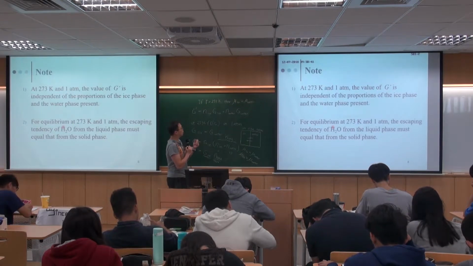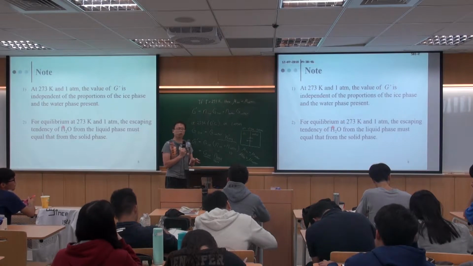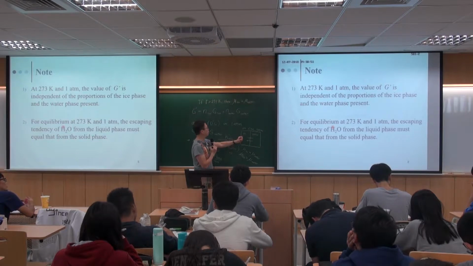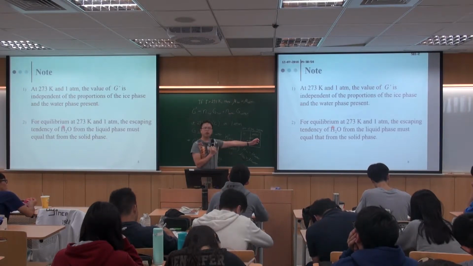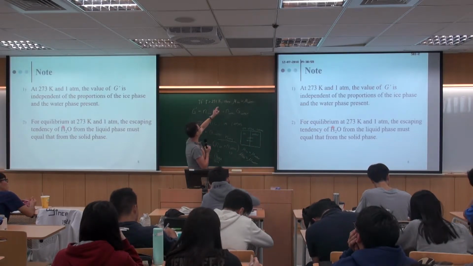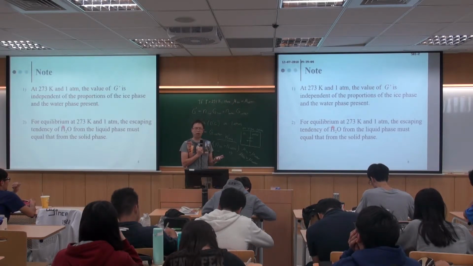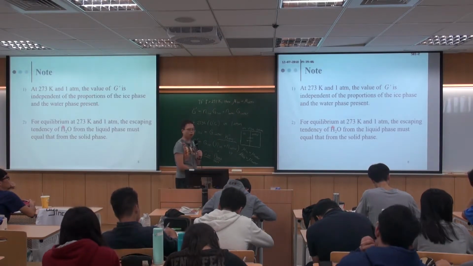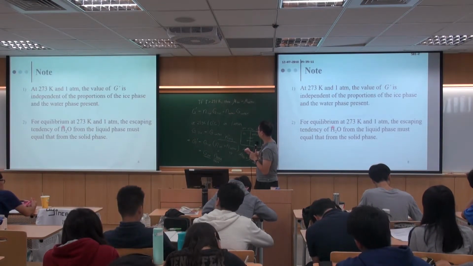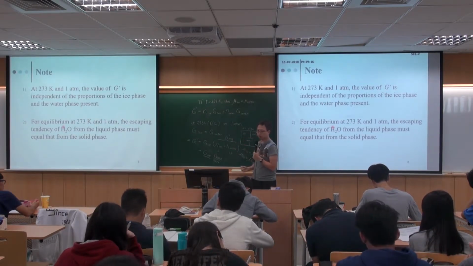Because when you raise the temperature, water will become the stable state. Therefore, the molecules originally in the ice phase will leave this phase and become water. So if you raise the temperature, the chemical potential of ice should become higher than that of the water phase. So that's just the basic concept of using chemical potential to describe this kind of phase changing behavior.